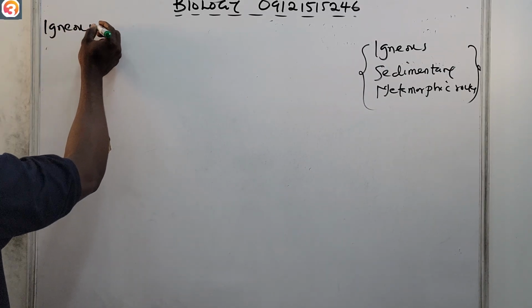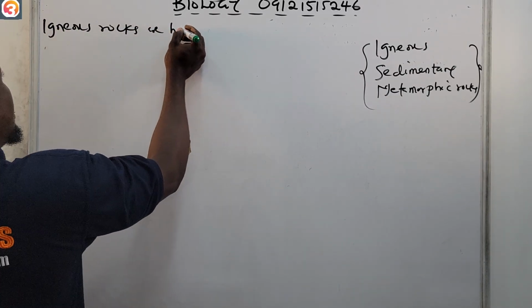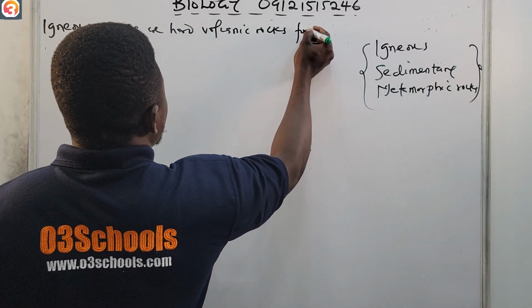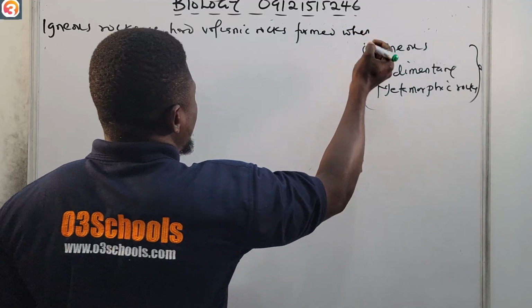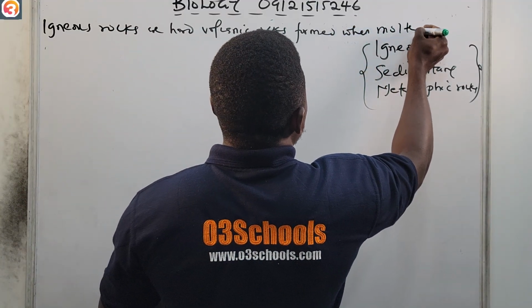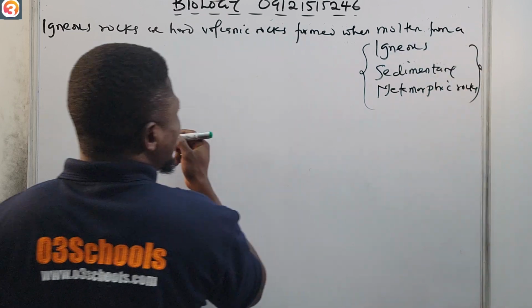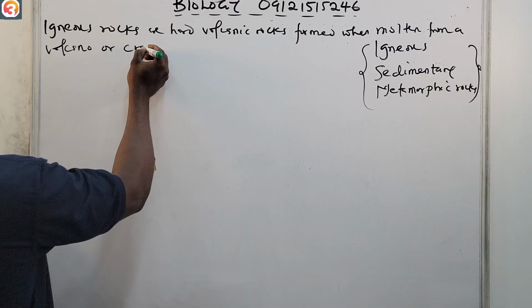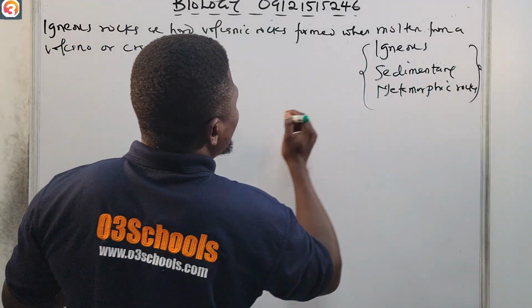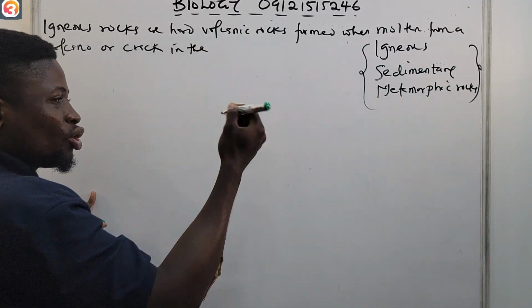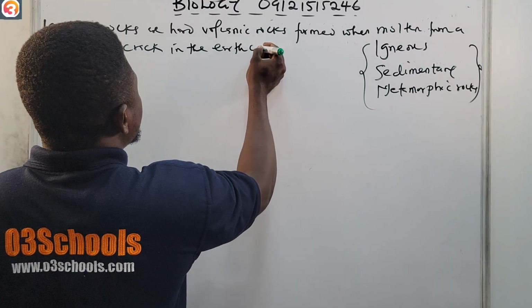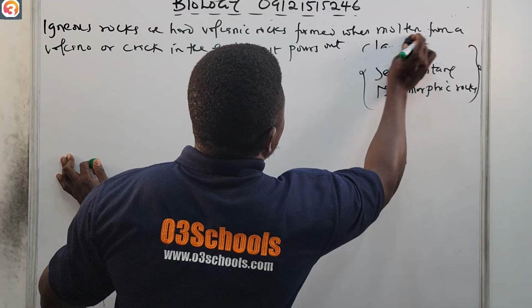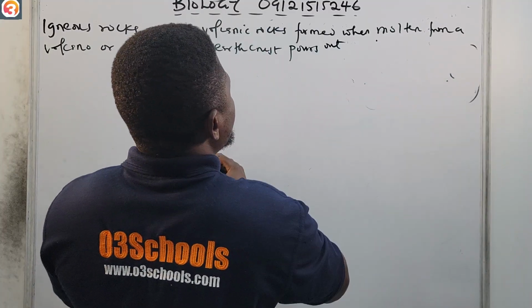Igneous rocks are hard volcanic rocks that are formed when molten rock from a volcano or crack in the Earth's crust pours out over the land.